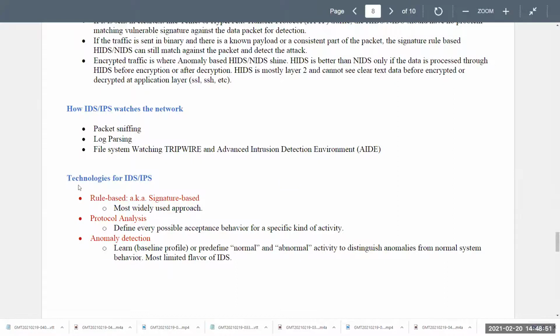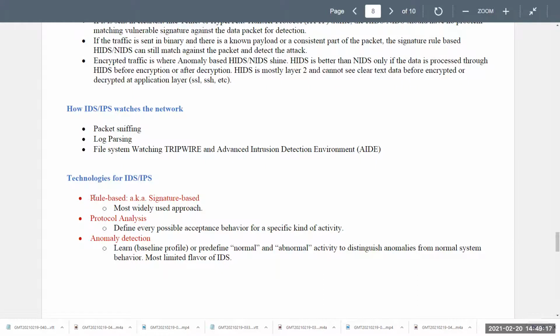Okay. Now for the IDS IPS, it's all about logging. IDS IPS itself is pretty much a packet sniffing service. You have to log all the packets and then you try to analyze them. Basically, there are a few flavors. The most basic three, the first is known as signature-based.